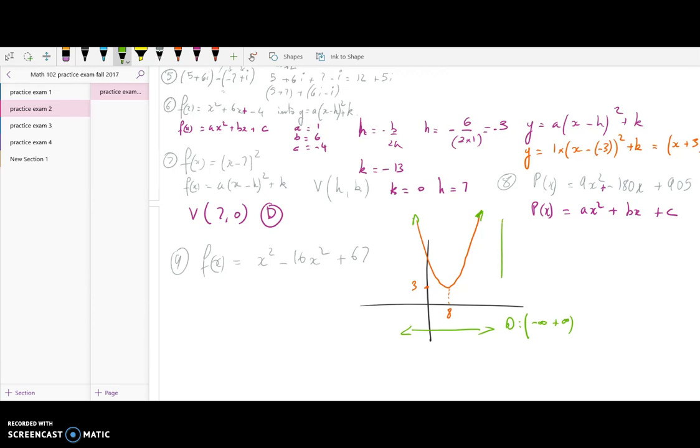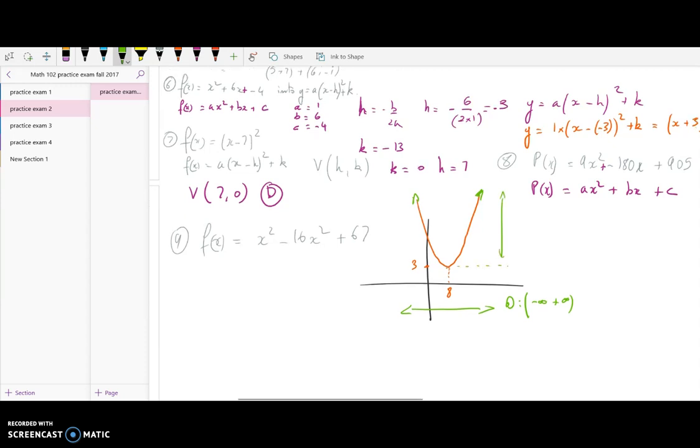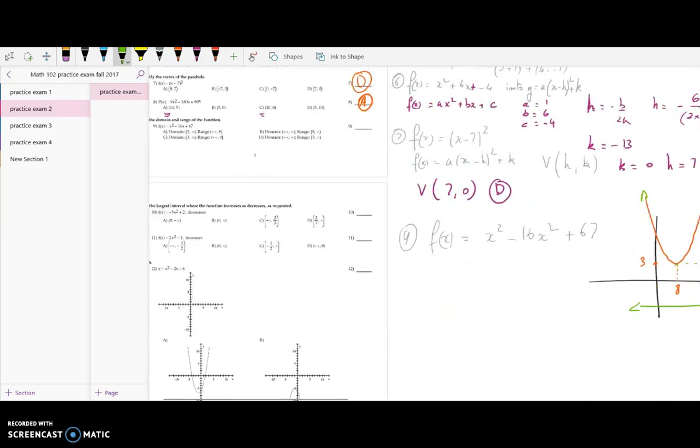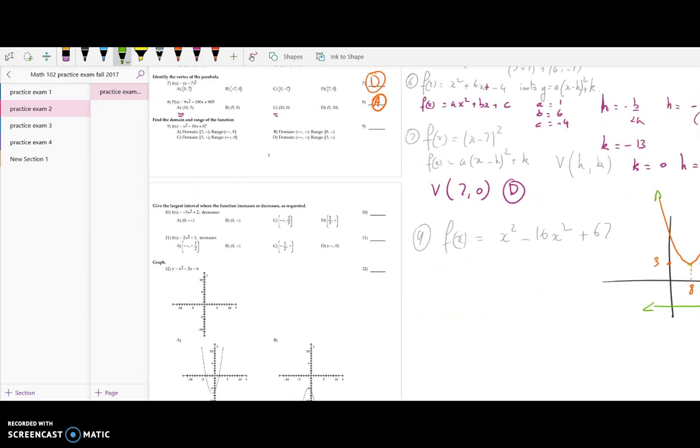And when I look at the range, it starts from over here to plus infinity, so the range is going to be 3 to plus infinity. So when I look at the answers, the only answer corresponding to what I said was D. So the answer for number 9 is D.